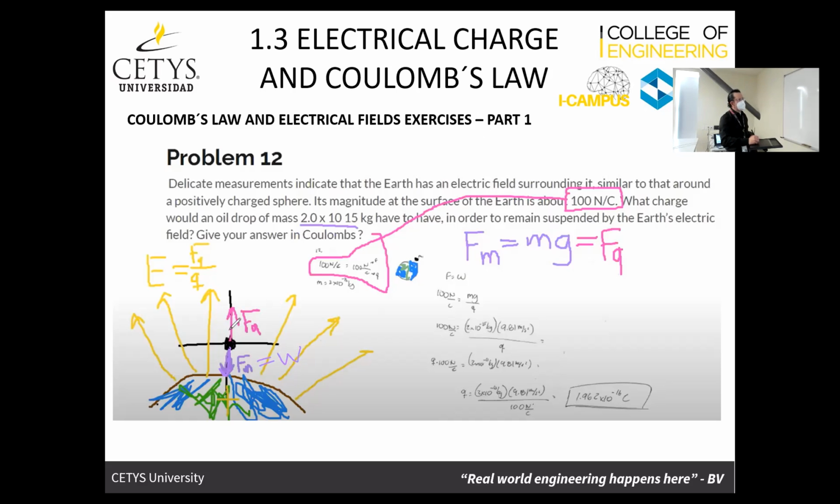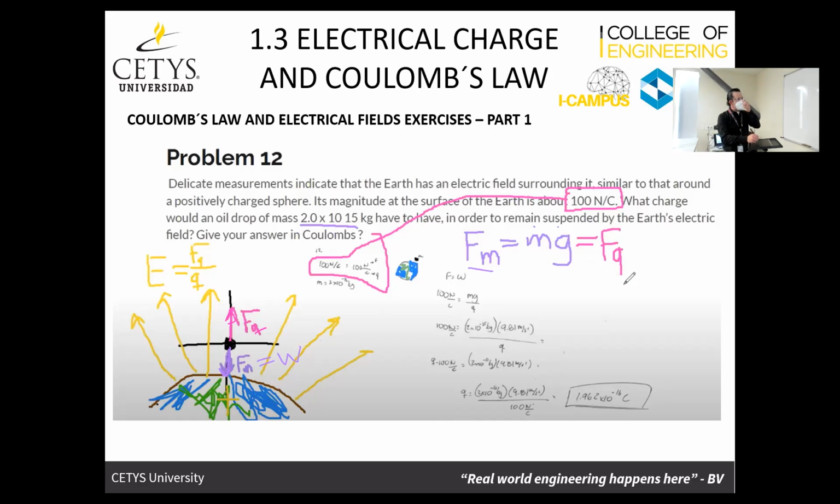And then there's going to be an electrical force going upwards. This is actually a Q that has to do with the electrical field. If I want the oil drop to float, those two forces have to cancel each other out. So the force of the mass, which is equal to the mass times gravity, has to be equal to the force of the electrical charge.